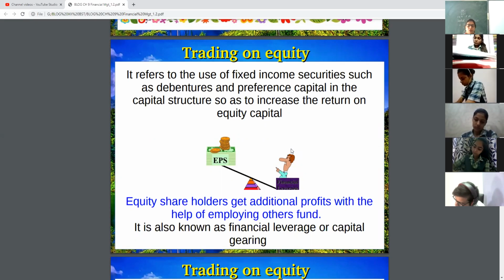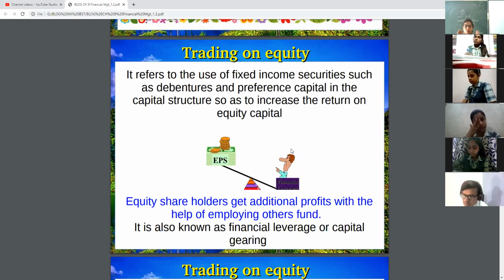So trading on equity means use of those securities which give fixed interest or dividend income. Generally, debentures are the combination here, because companies now cannot issue preference shares. Debentures always carry a fixed rate of interest, like 8% debentures means 8% is the rate of interest on it. Note down.